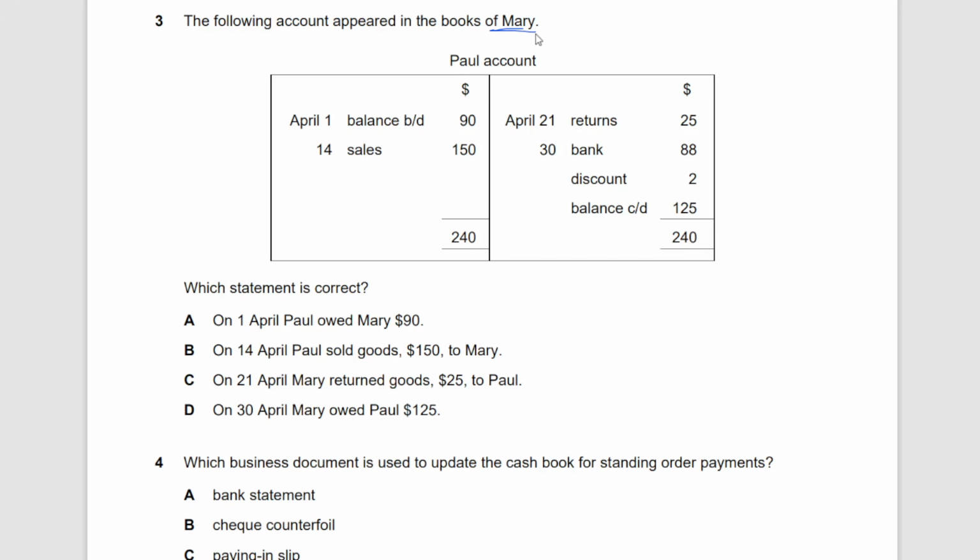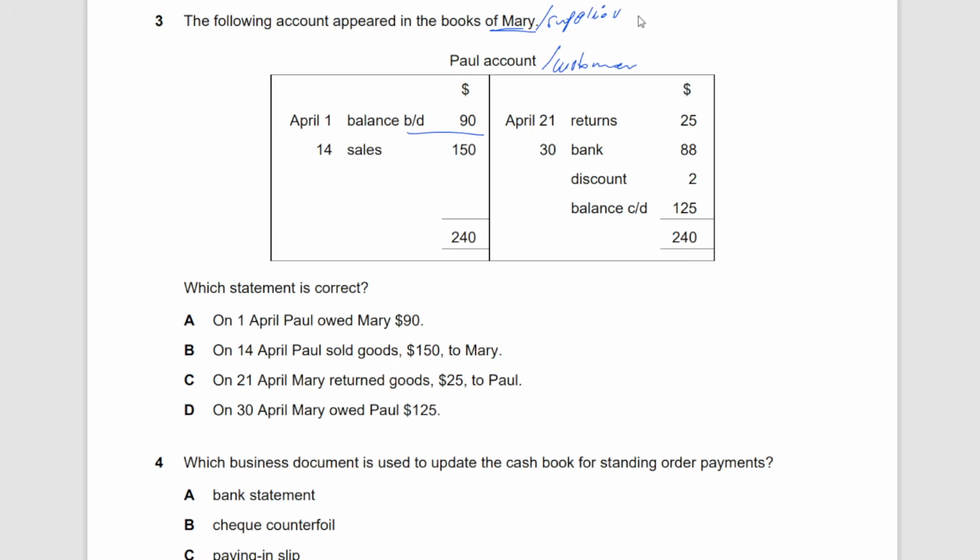So it seems that from Mary's perspective, Paul is a debit balance. And debit balance should mean that it is your asset. It's a receivable, right? So Paul is a receivable for Mary. That means Paul is the customer, the credit customer to be specific, and Mary is the supplier.